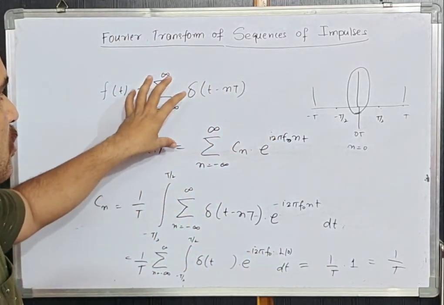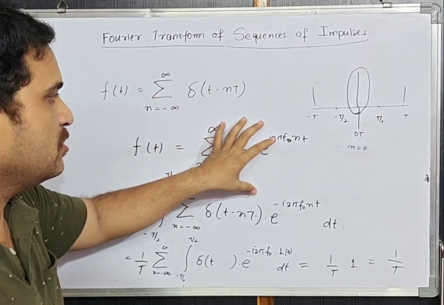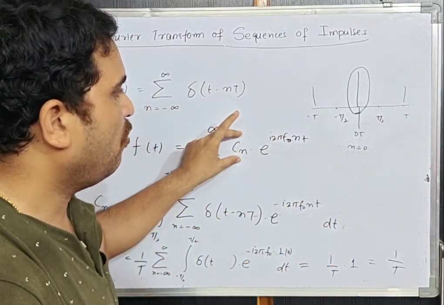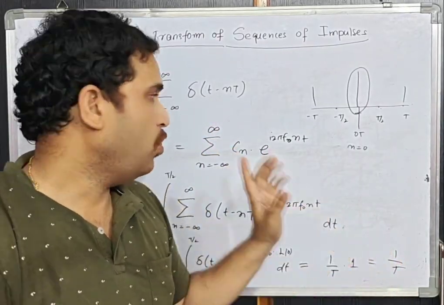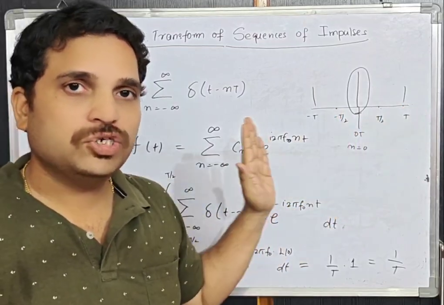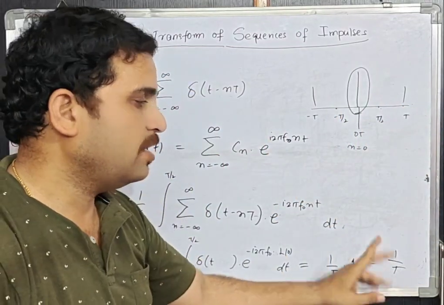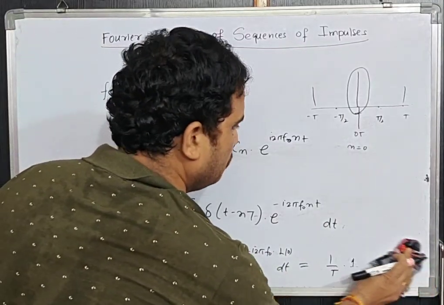So this particular sequence of impulses is defined as a summation of complex exponentials in which the coefficient of any particular waveform is constant. All this summation of the frequency series has one constant coefficient, that is 1 by T, 1 by the time period. Okay.